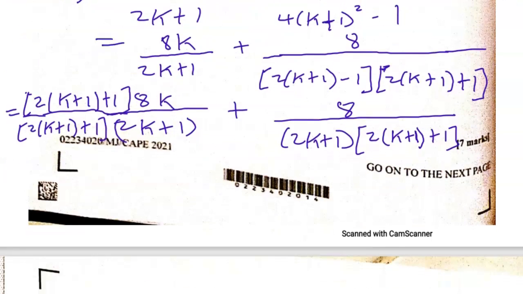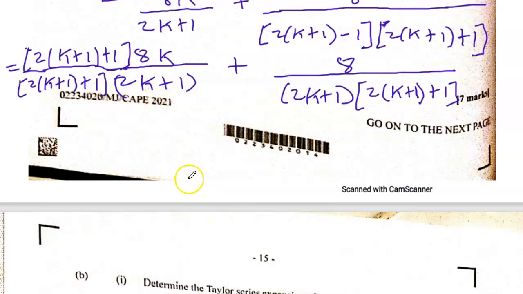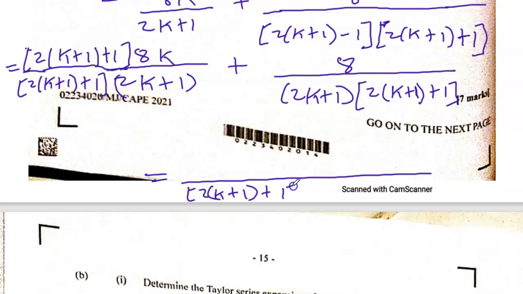Alright, so now we have one denominator. So this is equal to, the one denominator is 2 into (k plus 1) plus 1 times 2k plus 1. So both of them are what we call like denominators, which means we can bring the numerators together.